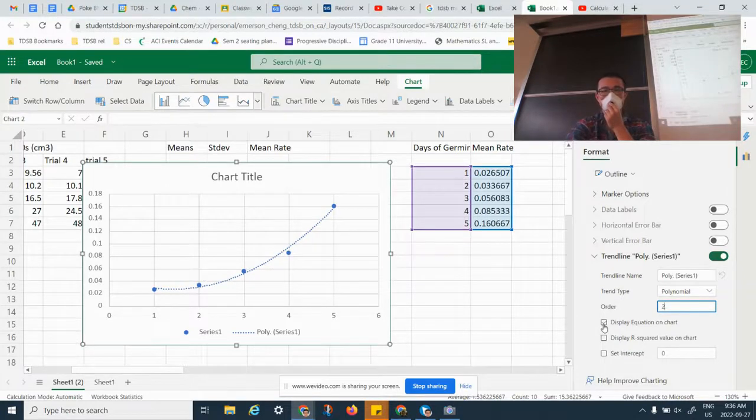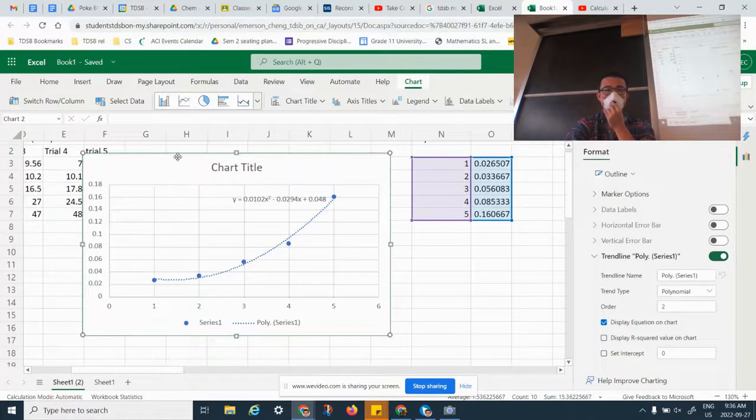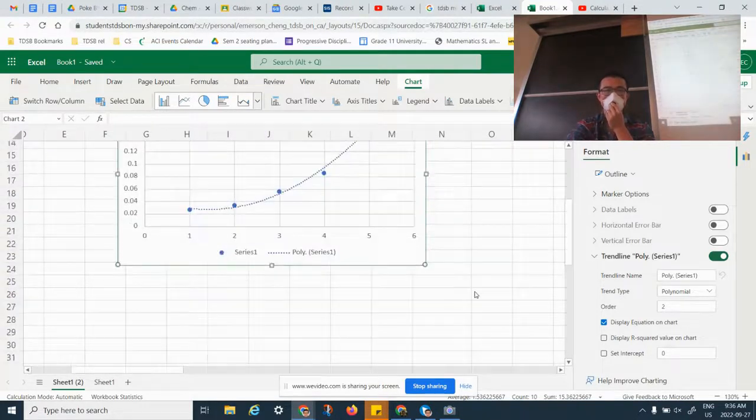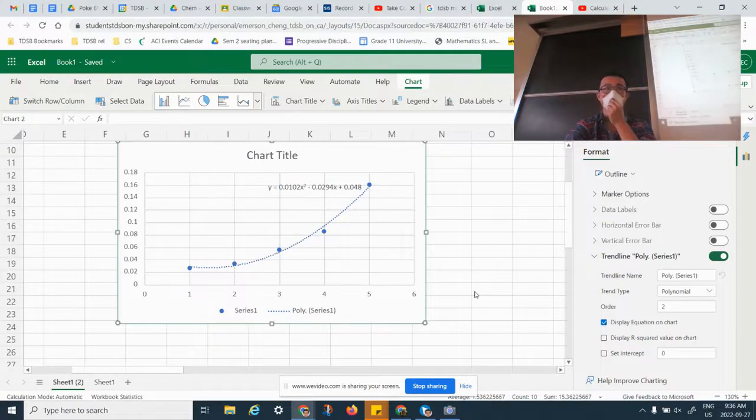When you graph, you should also display the equation so you can see what kind of equation it is. What is the formula for the line of best fit? Okay? So you can do the graph for this exercise on Excel, because on the lab that I will ask you guys to do later on Thursday and Friday, I will want you to do the table and graph on Excel.